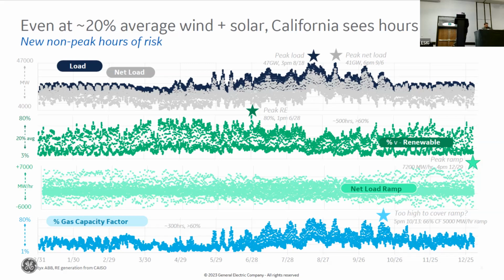And then the next two levels are the net load ramp and the gas capacity factor. So you have a lot of moving parts that wasn't always an issue in the past. And you really need to try to capture all that variability in the modeling going forward.